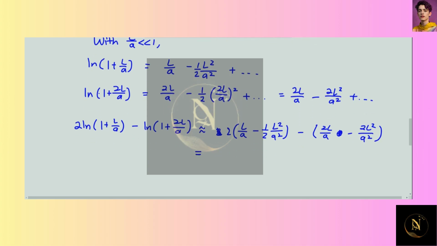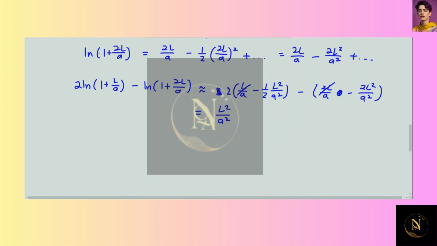Then simplify, you see that this term cancels out, and what you are left with is L squared over A squared.